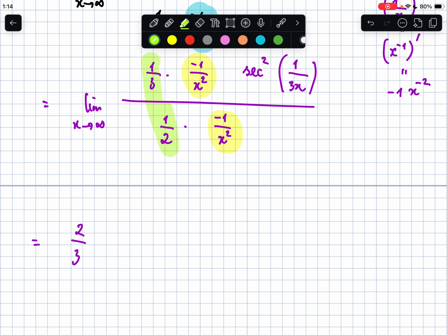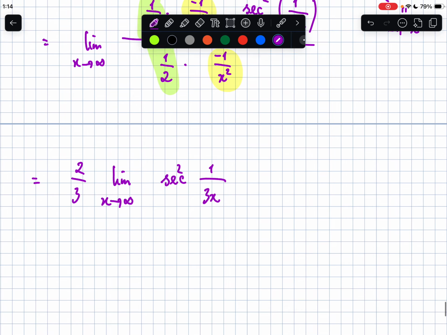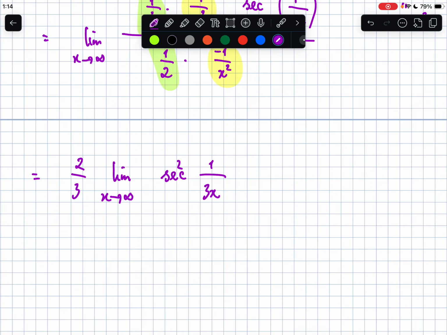These factors here, you can bring out of the limit. Limit as x tends to infinity of secant squared of 1 over 3x. Now secant is 1 over cosine. So this is 2 over 3 times the limit as x tends to infinity of 1 over cosine squared of 1 over 3x.